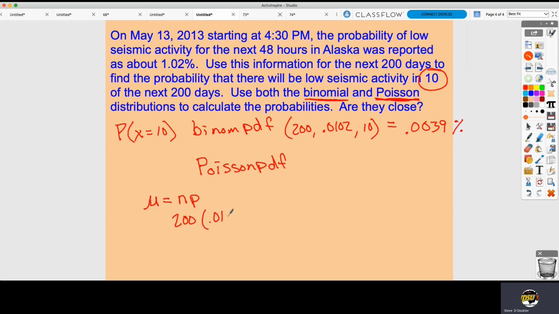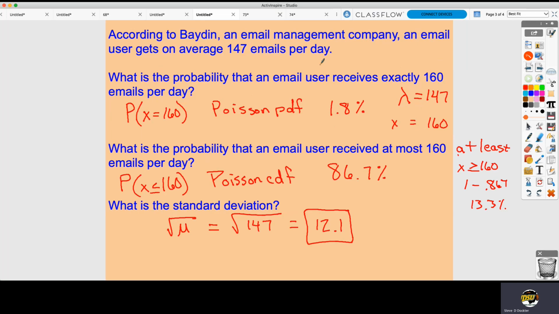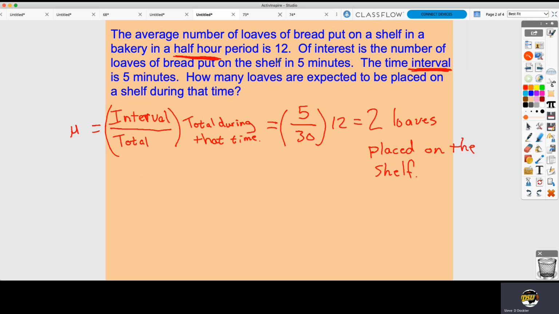So 0.0102, when we change that to a decimal. And that would be approximately 2.04. Okay, if you look back on our last one here, they gave us what the expected value was. If we look on the one before that, they gave us what the expected was.